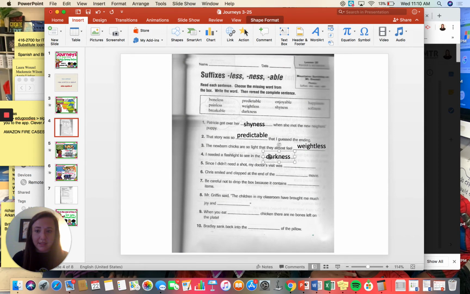I'm thinking painless, because I know shots are pretty painful. So if he didn't need a shot, the doctor's visit was without pain, or painless.